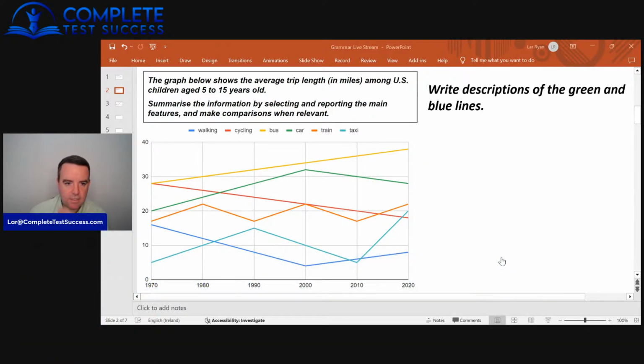So again, I'll let you guys write the next description of the green and blue line, and then I'll talk about that with you after that.